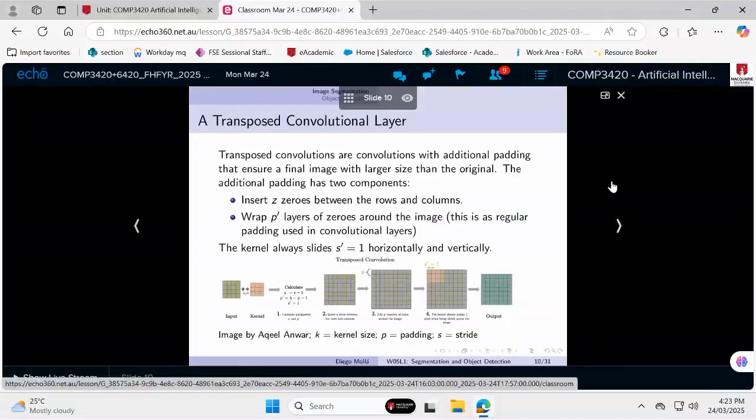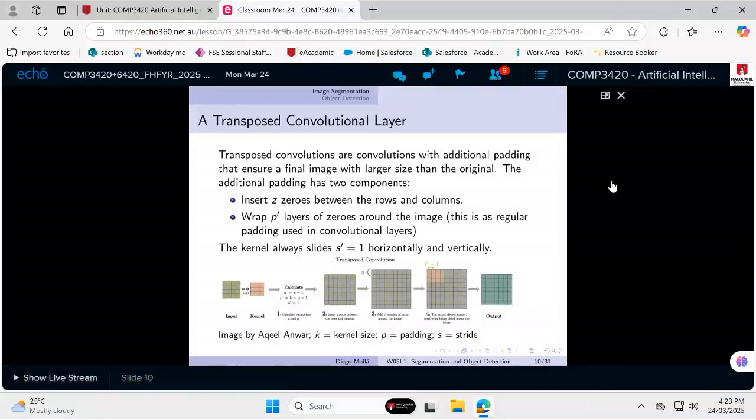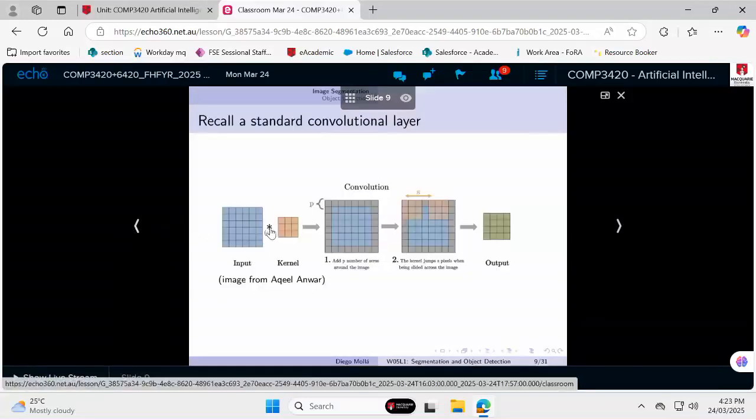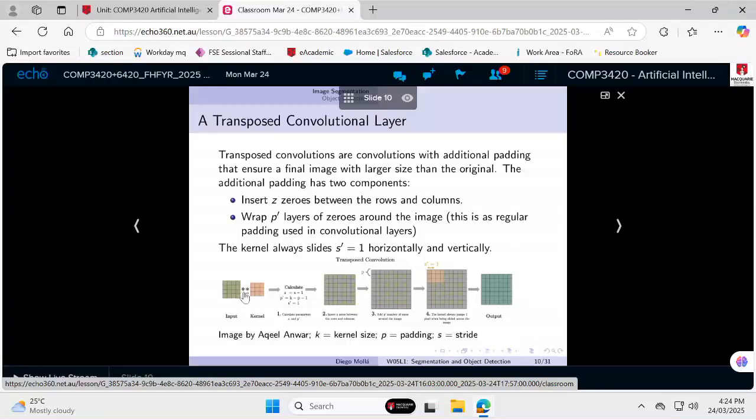Okay, a transpose convolution. The notation in this slide is to have these 2 stars, while the convolution is just 1 star. So this star is apply this convolution to this. In the transpose, they use the notation star star.